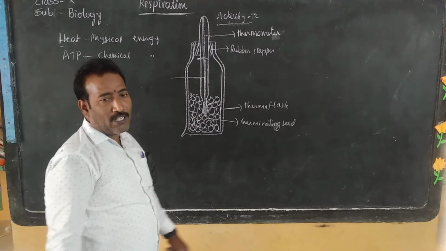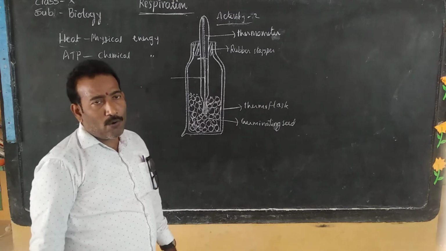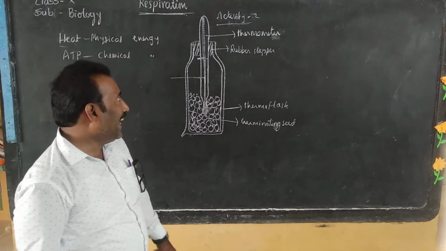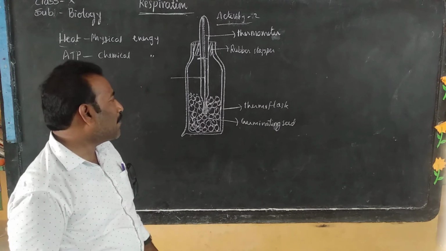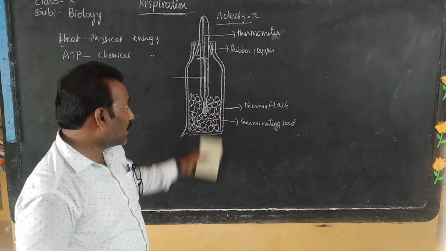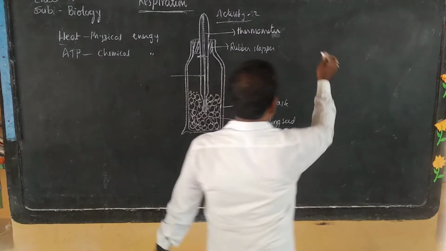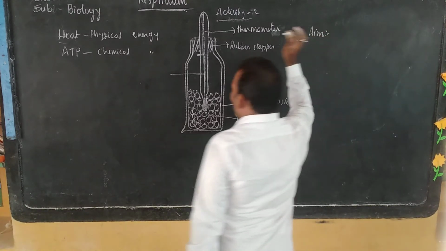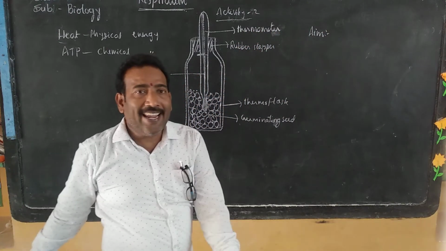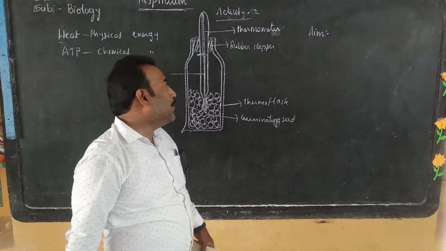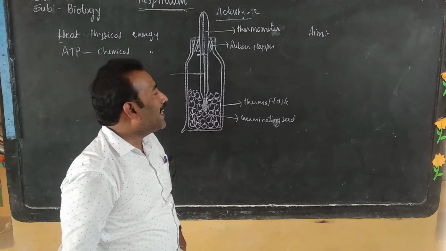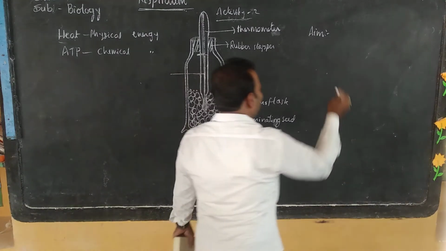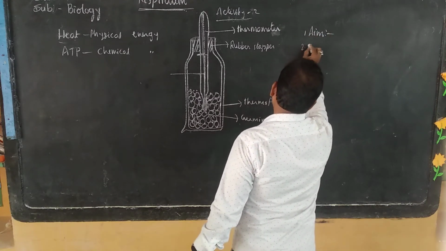It is also an important question for 4 marks. How do we demonstrate that heat is released during the process of respiration? First, the aim is to demonstrate that heat is released during the process of respiration.